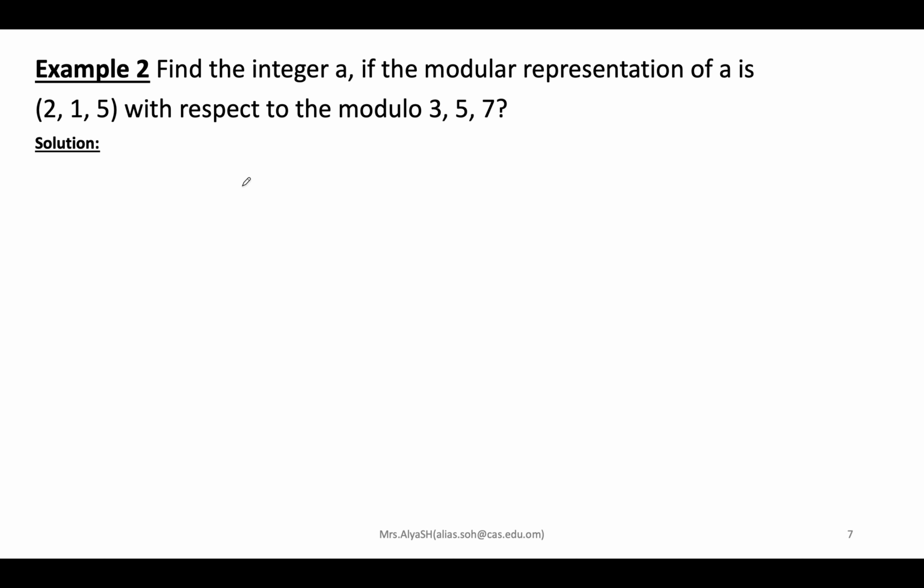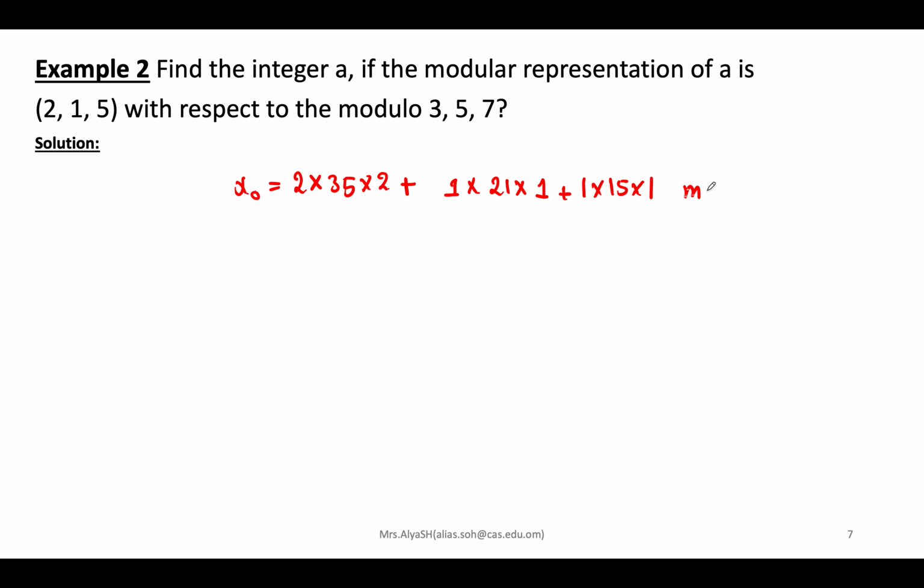Now here we got that x naught is equal to 2 times 35 times 2 plus 1 times 21 times 1 plus 1 times 15 times 1.